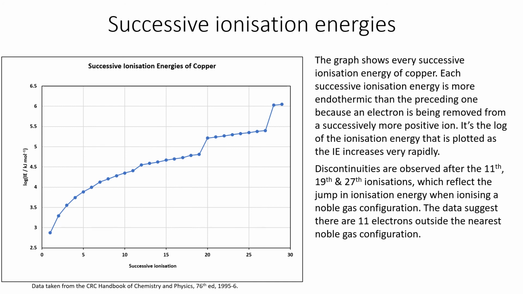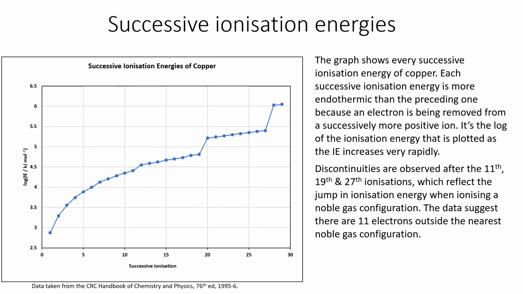But it is quite a small jump there, and I think this reflects the fact that even though we've got down to a noble gas core, actually we've been ionizing 3d electrons, and then we're moving on to 3p electrons. And so I think that doesn't reflect quite such a jump as it does in the top two noble gases, looking at the helium and neon cases, because in those cases not only is it a noble gas, but you're also dropping down a whole shell.